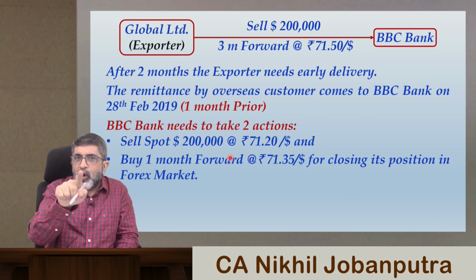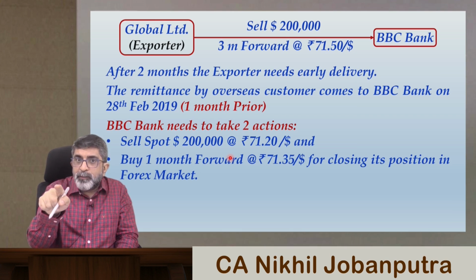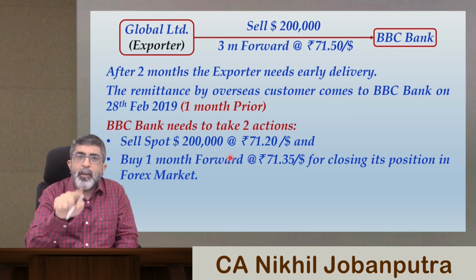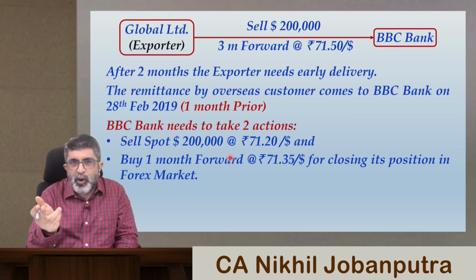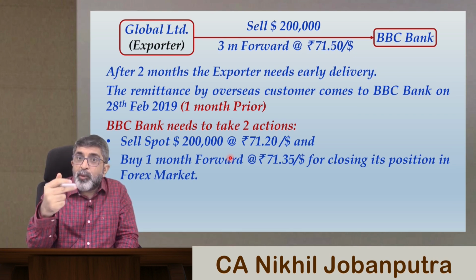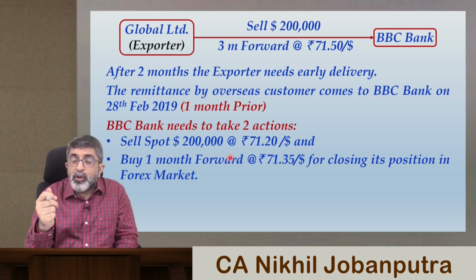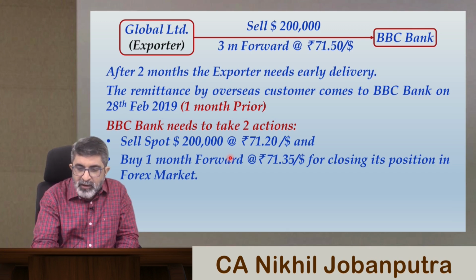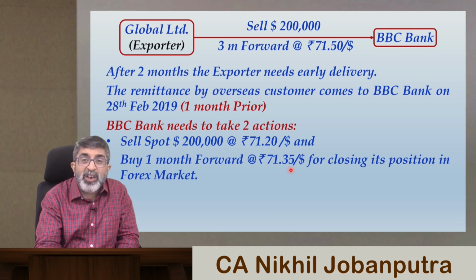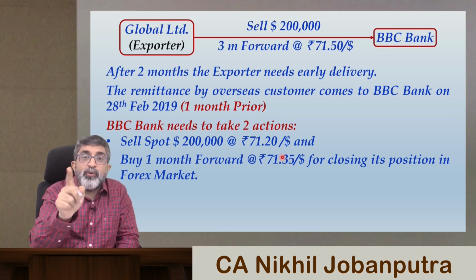So if you observe the question, in the question they have given the spot rate on 28th February and they have given 1 month swap points which are premium points. So premium points obviously you are going to add. Look at the question, the interbank spot ask rate that is given was 71.25.